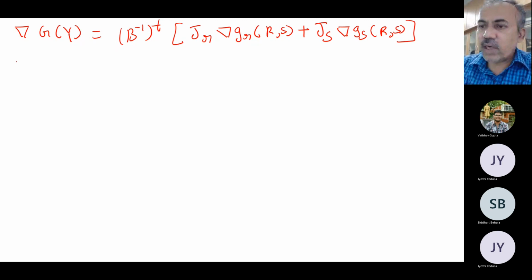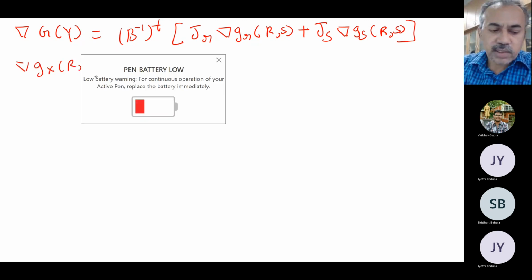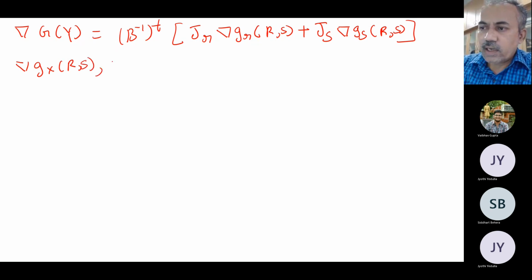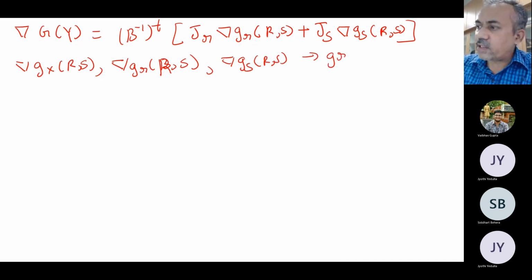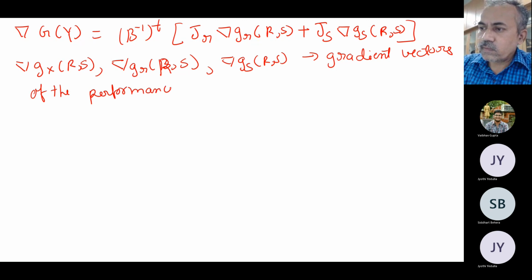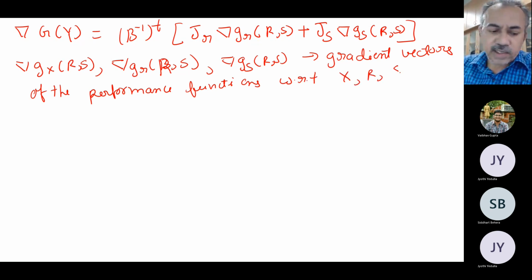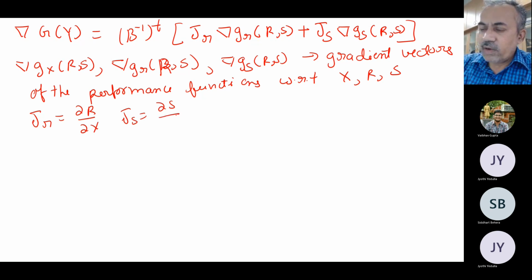So these are all the derivatives: delta G of X, R comma S, then delta G of R, R comma S, and then delta G of S, R comma S. These are all the gradient vectors of the performance functions with respect to X, R, and S. And JR is dou R by dou X, and JS is dou S by dou X. We also call them Jacobian matrices.